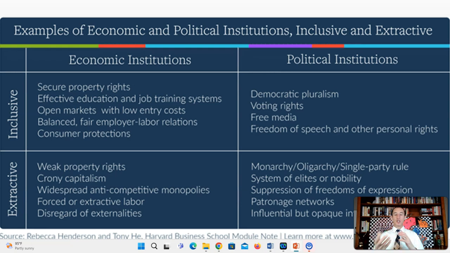These things go together. Economic inclusiveness and political inclusiveness, versus economic extractive institutions and political extractive institutions, work together. Once you start losing one of them, you start losing the other ones.